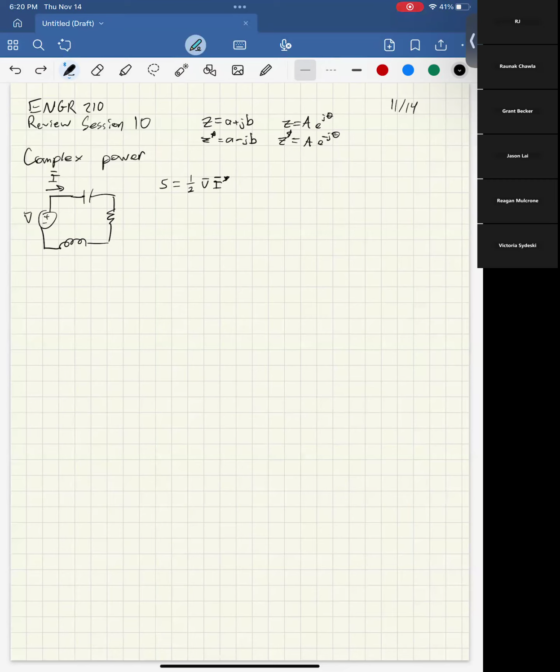So as a reminder, I'll go through some more equations here.